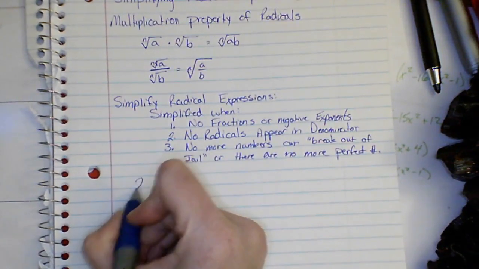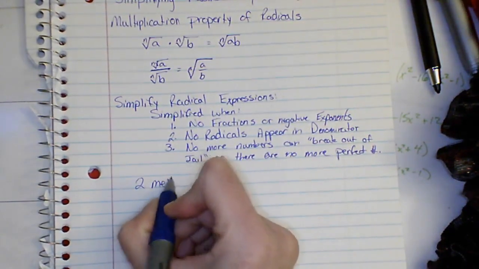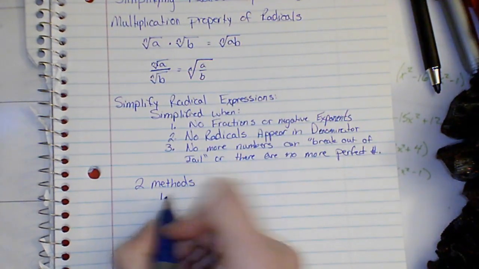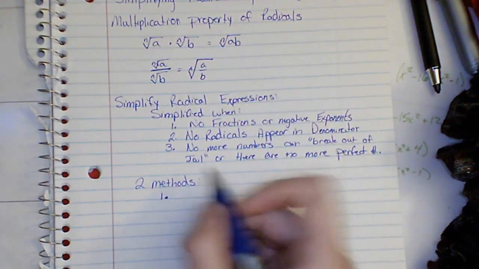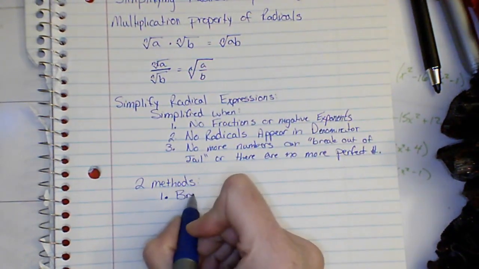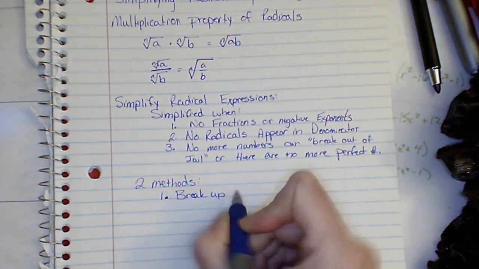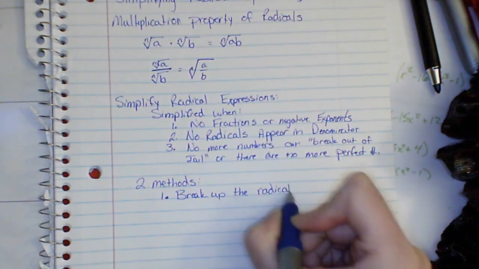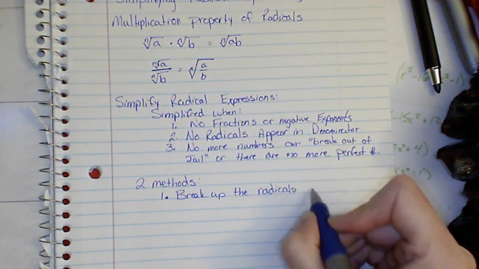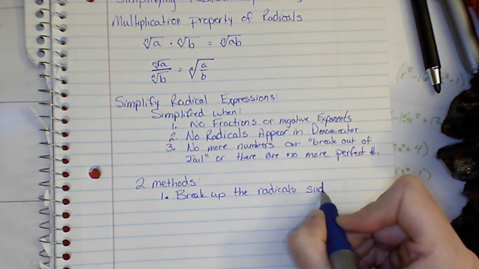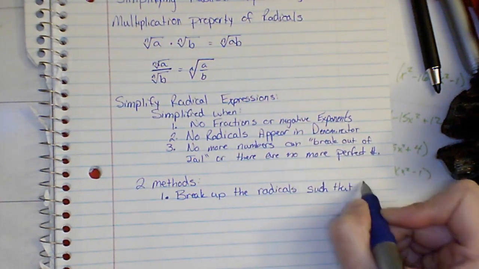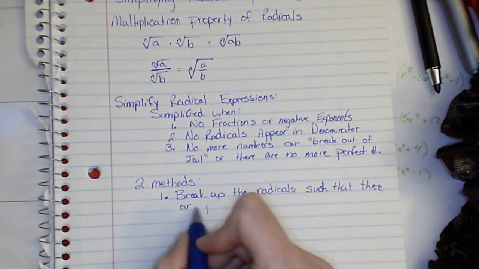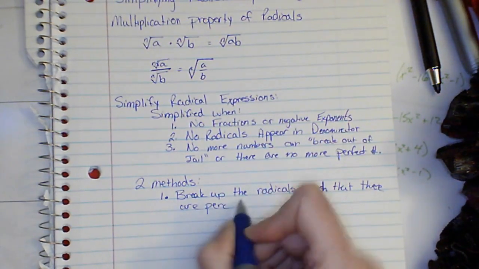There are two methods that we will cover, and the second method is my favorite. The first method is breaking up the radical, or in this case factoring the radicals, such that there are perfect numbers.